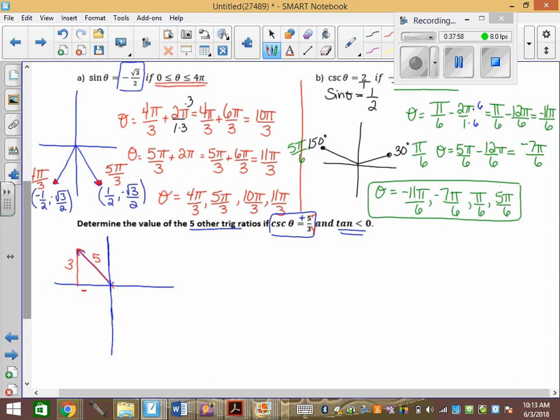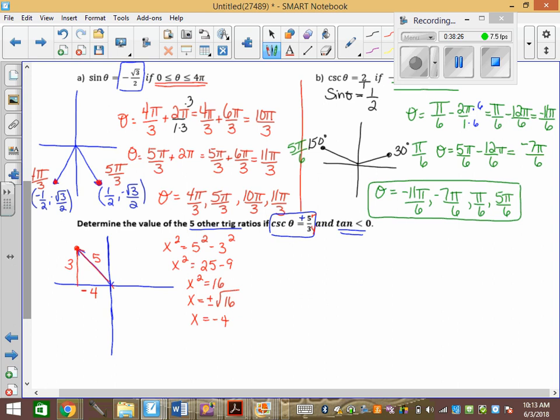So I have x squared equals 5 squared minus 3 squared. x squared equals 25 minus 9. x squared equals 16. x equals plus or minus root 16, because when you take the square root, you have to take the positive or negative. And in this case, it equals negative 4, because I drew it, and I know that at this point here, x has to be negative.